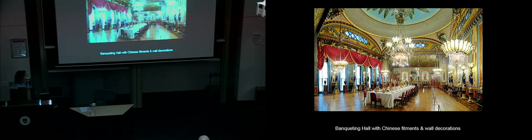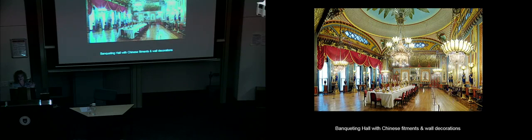I mean, this would have been a huge surprise to them. But one can still visit and one can still see this. So the banqueting hall is one of the finest examples of chinoiserie, but taken to more serious heights, if you like. And it's a vast hall.